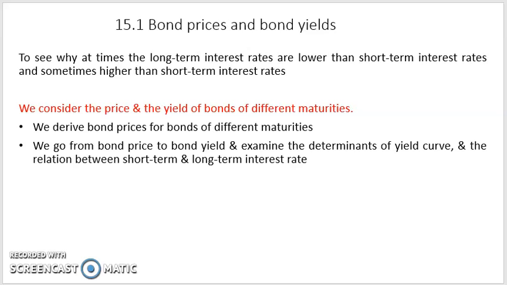To answer these questions, we consider the price and yield of bonds of different maturities. Firstly, we are going to derive the bond prices for bonds of different maturities. Then secondly, we'll go from bond prices to bond yields and examine the determinants of the yield curve and the relationship between short-term and long-term interest rates.